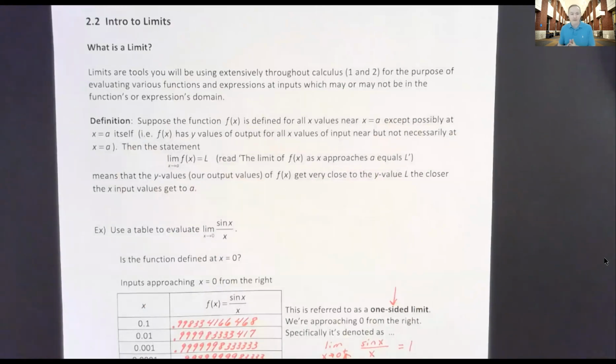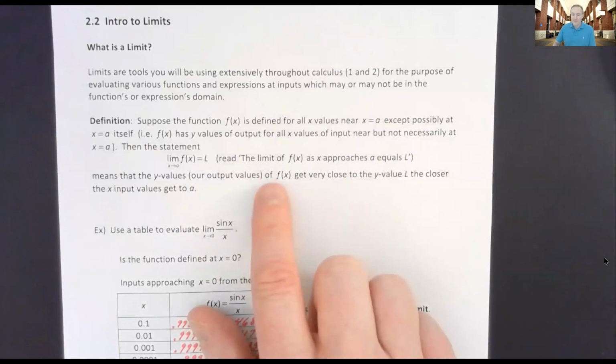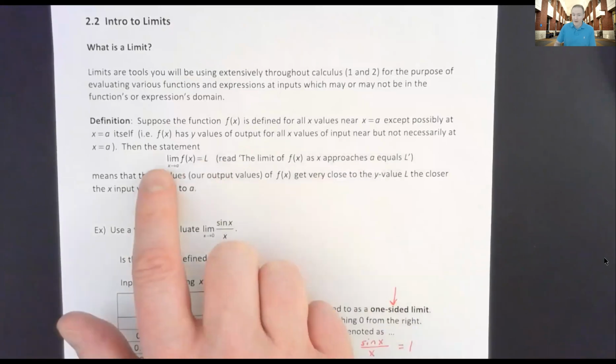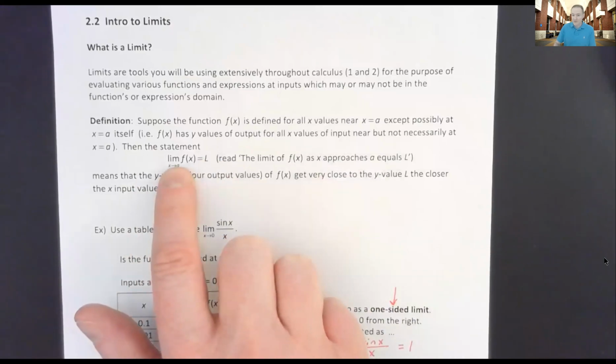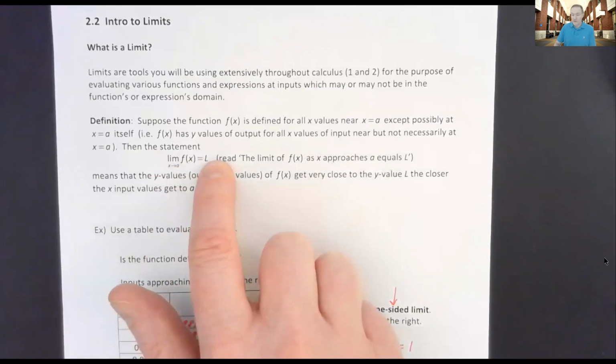Then the statement, the limit of f of x as x approaches a is equal to L, literally means that the values of f of x must get close to L as the values of x get close to a. So as x approaches a, the y is going to approach whatever this limiting value is that we're calling L.